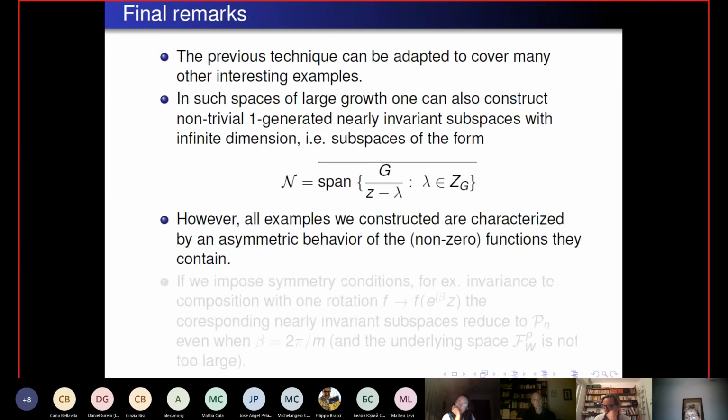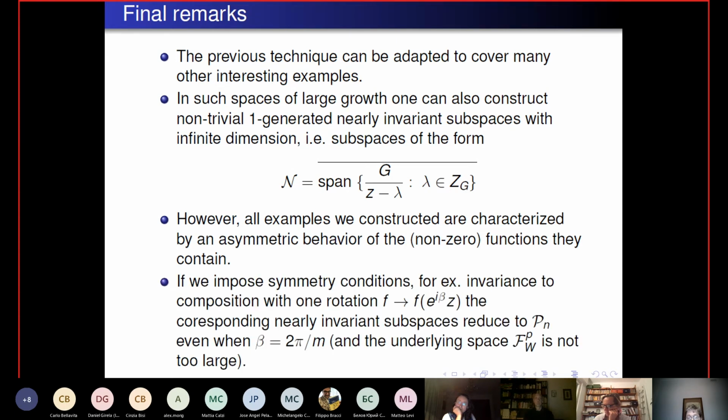And this is common to all the examples we have. So we asked ourselves, what's happening if there's some symmetry here? What's going to happen? Well, what happens is you cannot construct examples anymore, because if you impose symmetry conditions, let's think of a rotation.